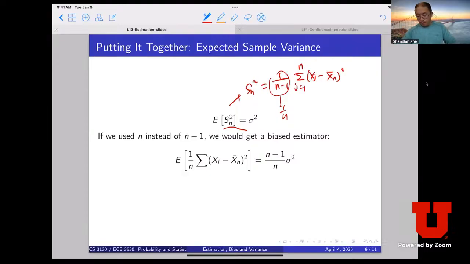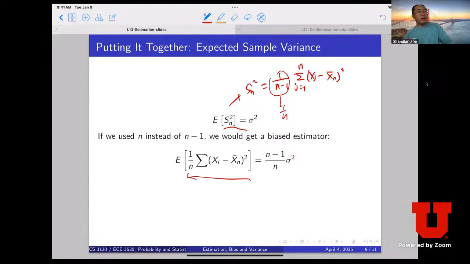So if we calculate this instead, the summation is the same. I just look at the summation of the squared difference between each sample and the sample mean, but then I divide the summation by n.